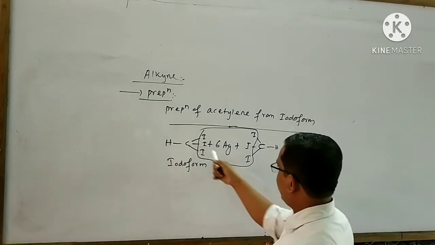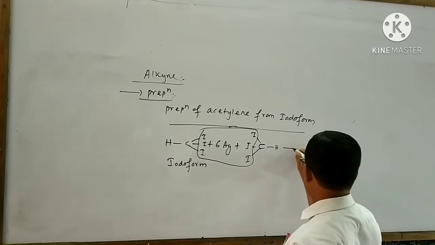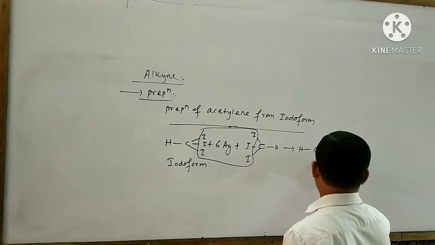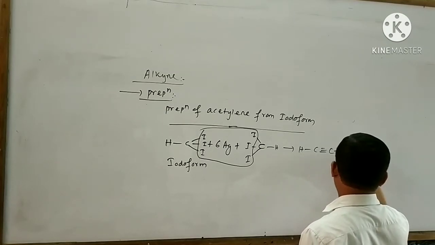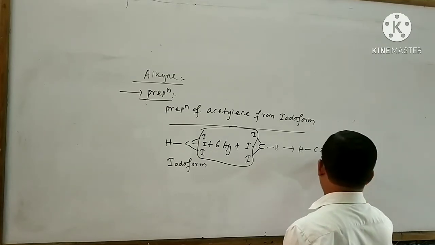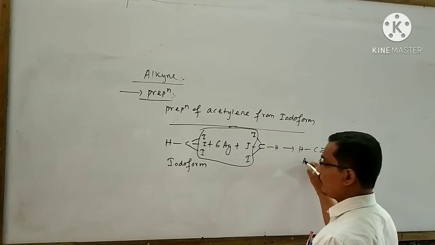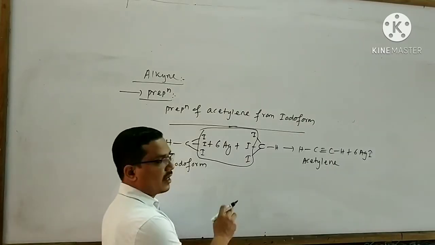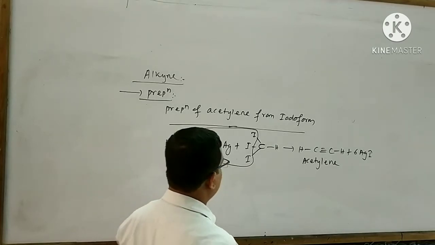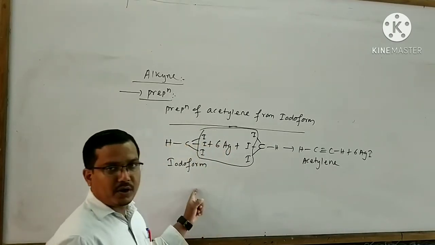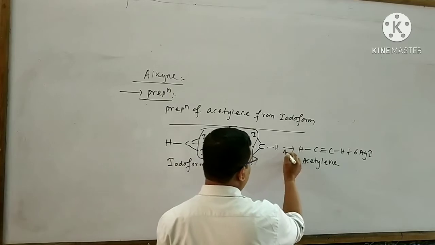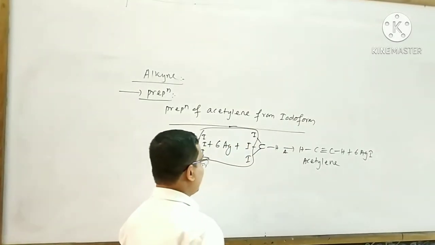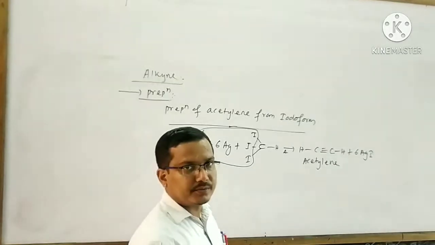As a result, from the remaining part, we can form an acetylene molecule like this. The name of this product is acetylene. I can give a statement for this reaction like this: when iodoform is heated with silver powder, then pure acetylene is formed.